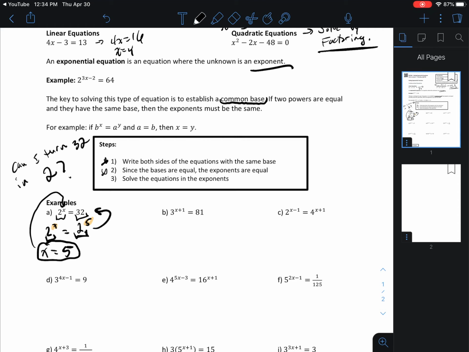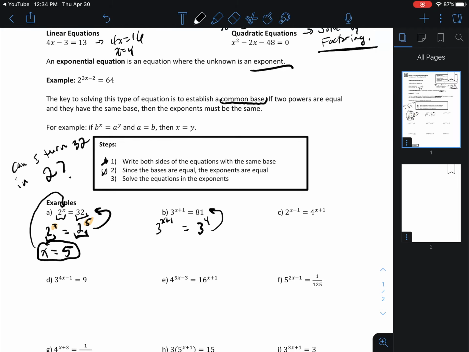And I could check that being true by plugging it back in for x. That should equal the right side. So let's do the next one. I'm going to rewrite the left side, 3 to the x plus 1 is equal to. I need it to be 3.